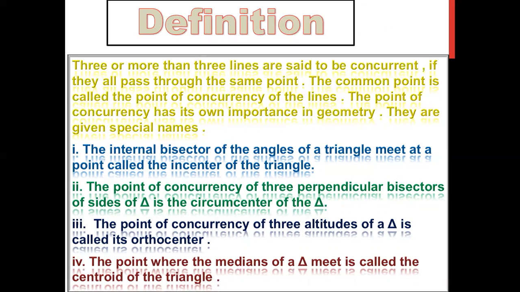The internal bisectors of the angles of the triangle meet at a point called the incenter of the triangle. The point of concurrency of three perpendicular bisectors of the sides of the triangle is the circumcenter of the triangle. The point of concurrency of three altitudes is called the orthocenter, and the point of concurrency of the medians is called the centroid.